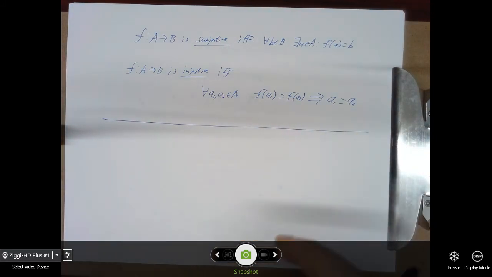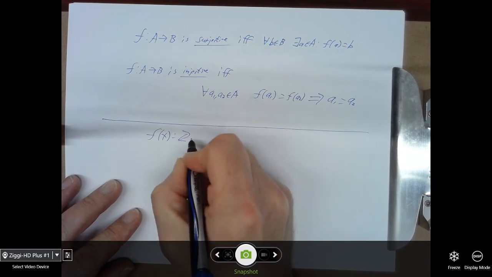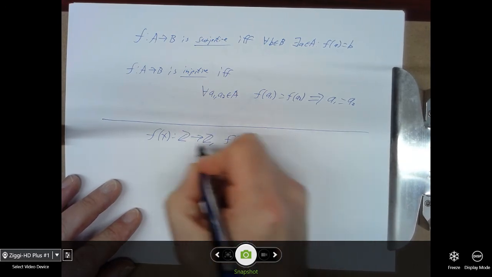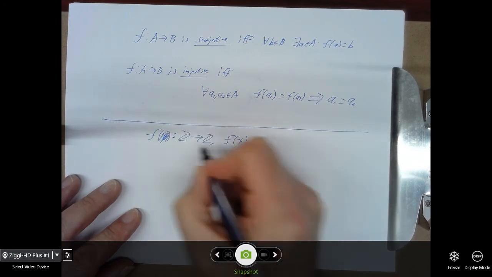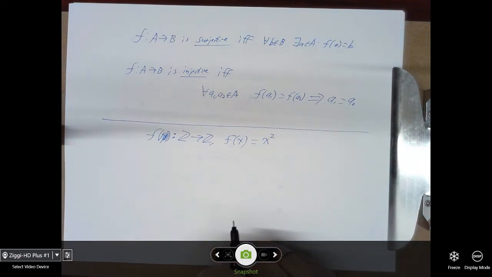So for example, f goes from Z to Z, f of x equals x squared. Is that surjective?